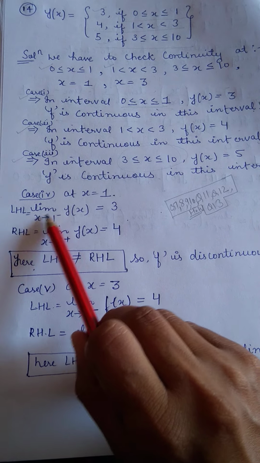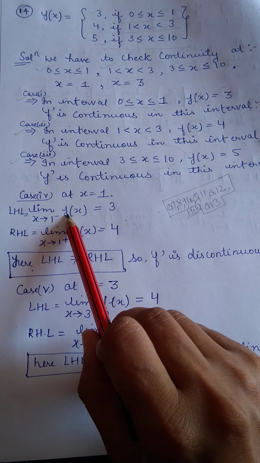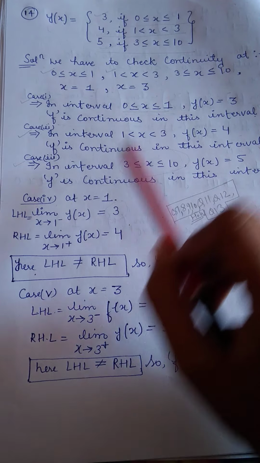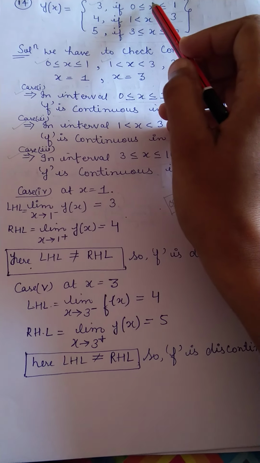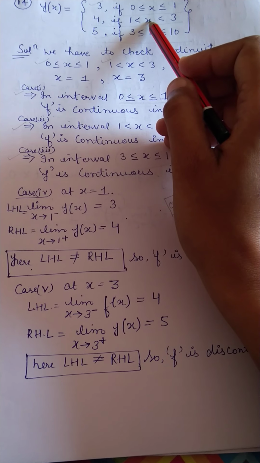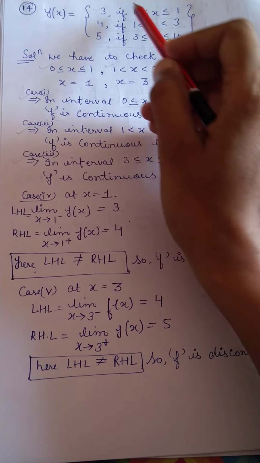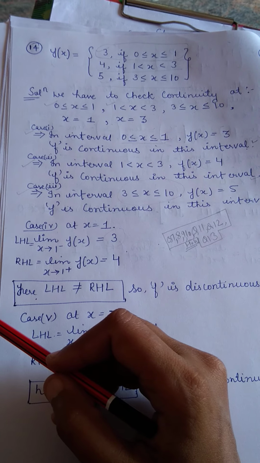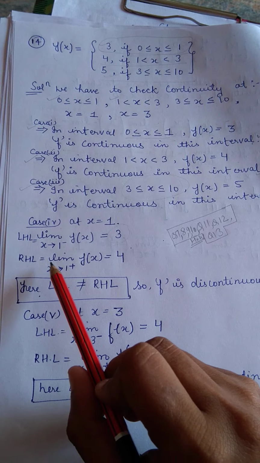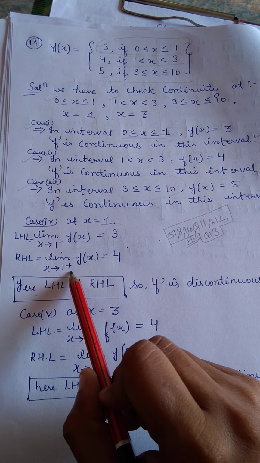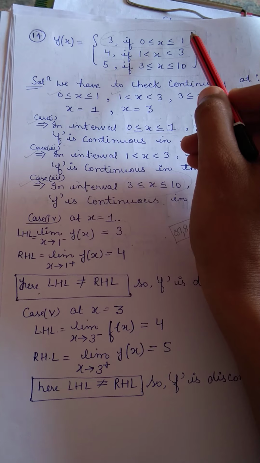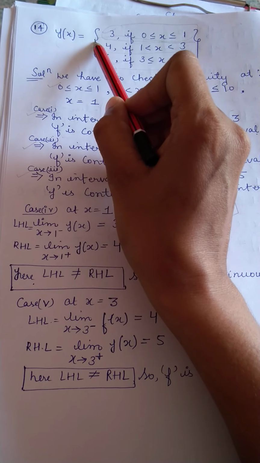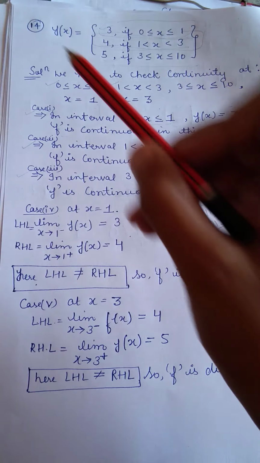Now बच्चे, your fourth part, at x equal to 1, when I am calculating LHL, that is the left hand limit, limit x tends to 1 negative of f(x), what value will I get? 3. How 3? When x is less than 1, at that time the function value is 3. Clear? And in RHL, limit x tends to 1 positive, means when x is greater than 1, this is the function which we will take, and its value is 4.